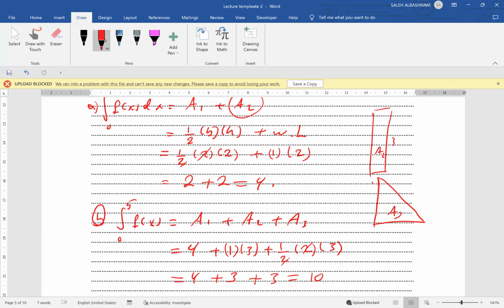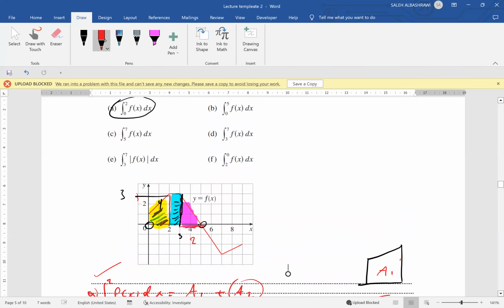For the next one, I need to find the integral from 5 to 7. Let me remove everything there. From 5 to 7, this point, and this is 7. I have a triangle. The height for this one is 3, and the base is 2.